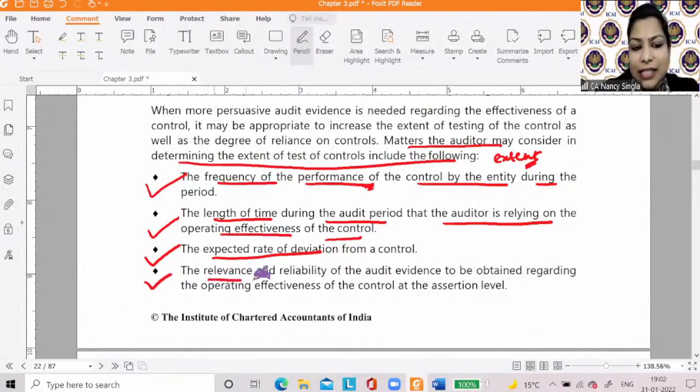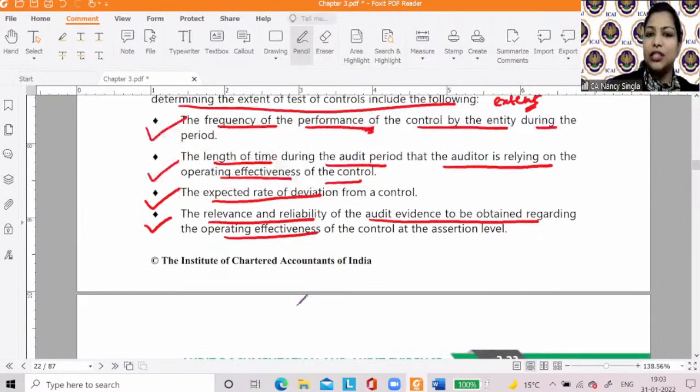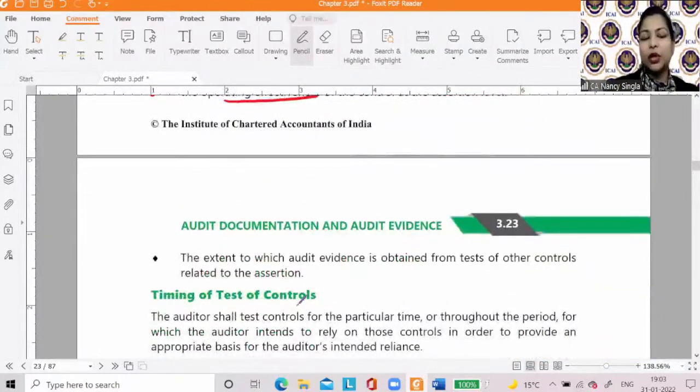Then the relevance and reliability of audit evidence to be obtained regarding operating effectiveness: whether the audit evidence with respect to internal control is relevant and reliable, and useful for your audit purpose or not. And for this example, suppose there is a single assertion on which there are 3 controls the organization has put in.